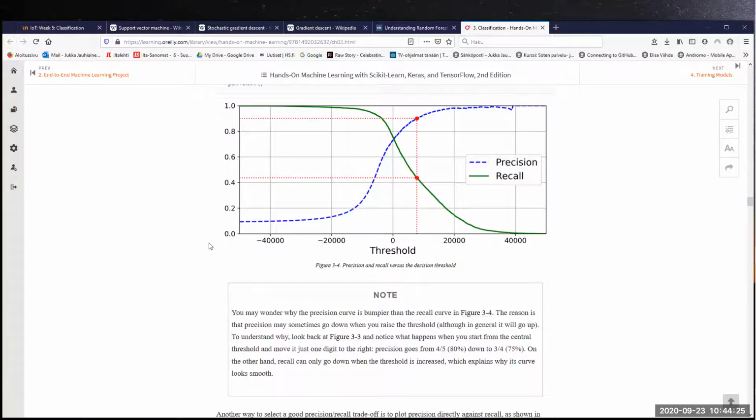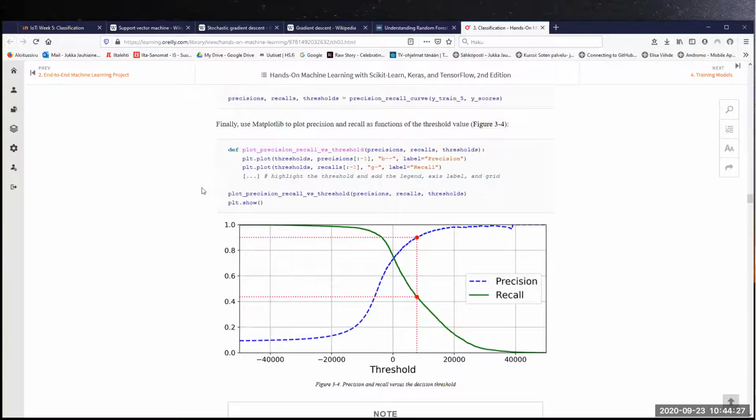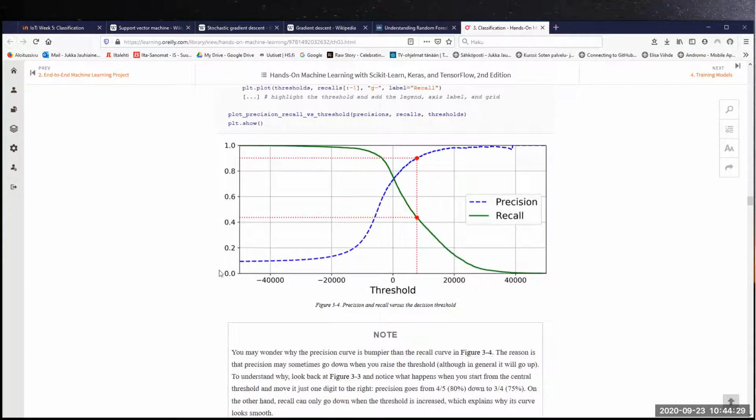Then let's take a look at this plot where you have the threshold for this image classification task. This number is the number of the images, therefore it's so large. Remember, the total number was 60,000 in this training set.